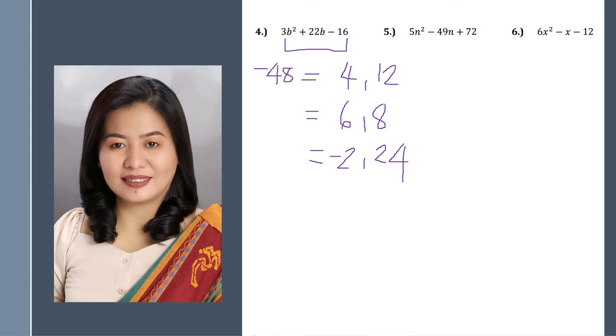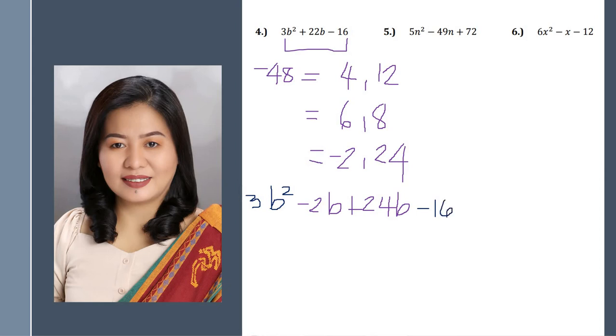So we will be writing negative 2b plus 24b. And our first term, just copy it from the given, 3b squared, and the last term, 16.